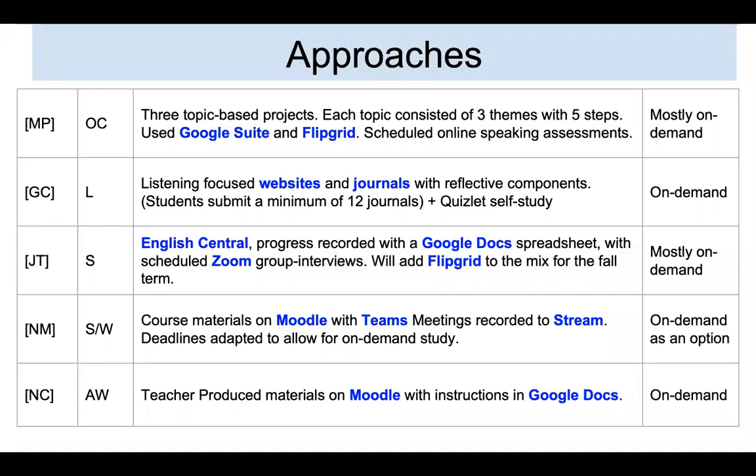Usually I have 4 topics that I do in a semester, but moving online, we didn't have a lot of time to prepare, and I was kind of making it up as I went along. So we did 3 topics, and each topic had 3 themes. For example, for travel, the students would do a theme on where they have gone, a theme on where they want to go, and a theme on where they would recommend going in their local area or country.